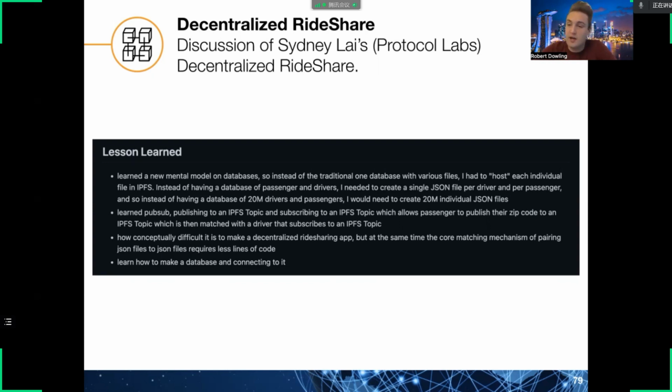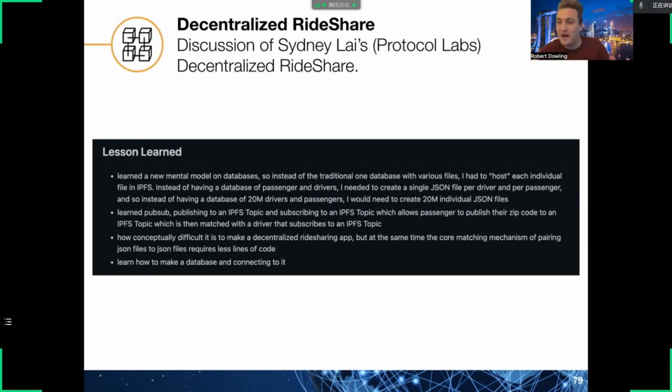But on Filecoin IPFS, in her minimal viable product, what she found was it didn't take a lot of code. The actual coding was just a few lines. But each user, each passenger, and each driver actually required their own JSON file.